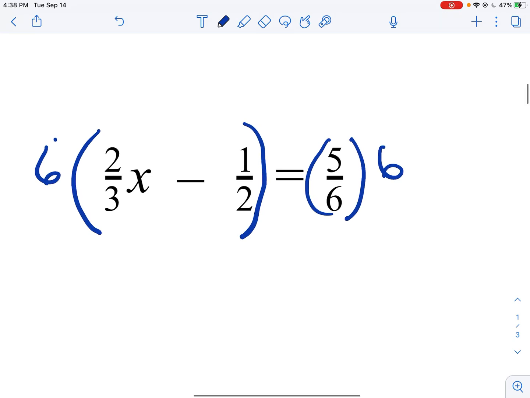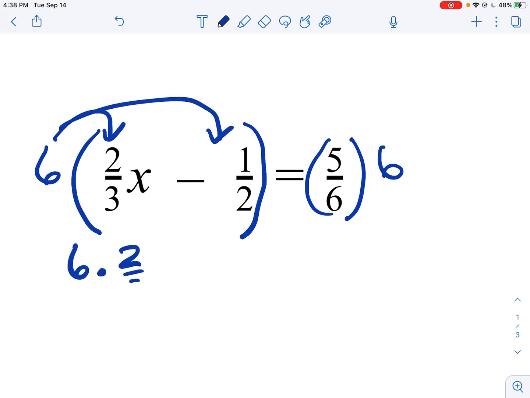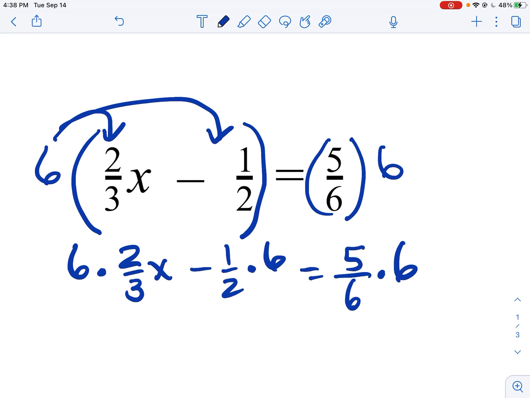So I distribute this. I'm going to multiply 6 by 2/3 x, then multiply this 1/2 by 6, and multiply this 5/6 by 6.